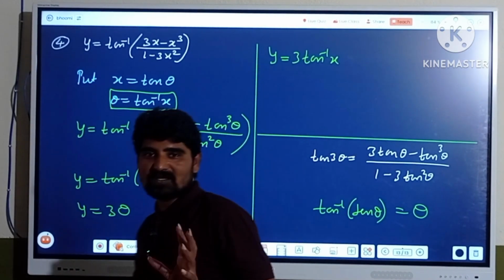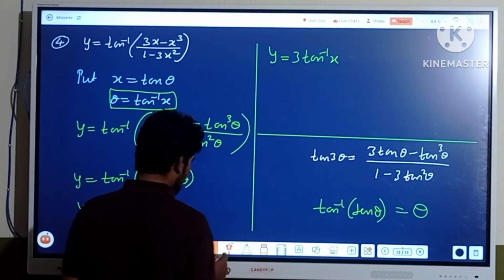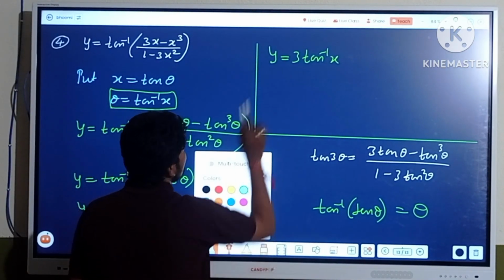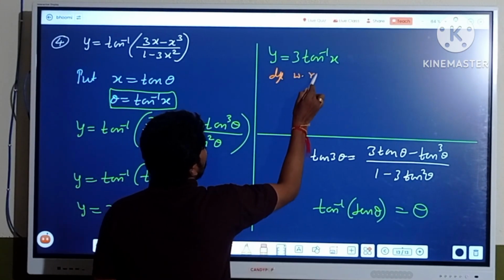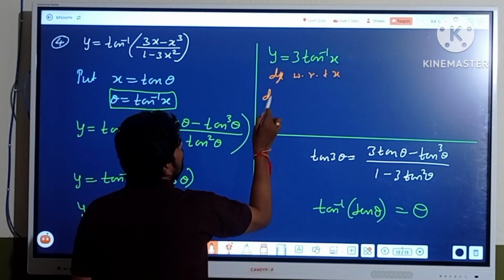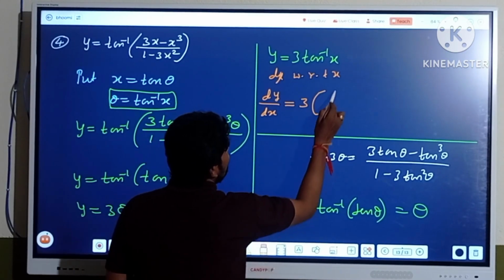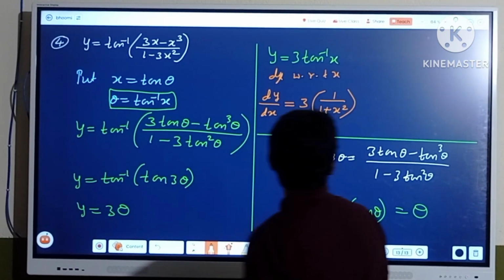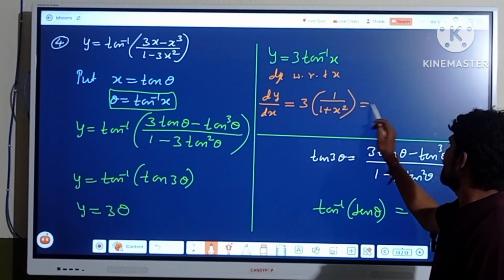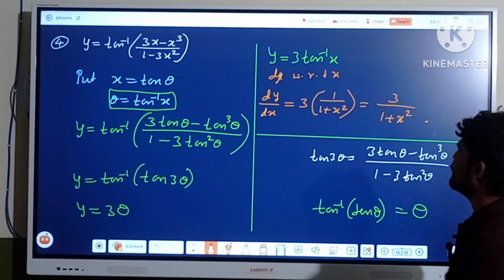Now we have written the simplest form of the given inverse trigonometric function, so we can easily differentiate this with respect to x. So dy by dx is equal to 3 into the derivative of tan inverse x, which is 1 divided by 1 plus x square. So finally we got dy by dx as 3 divided by 1 plus x square.